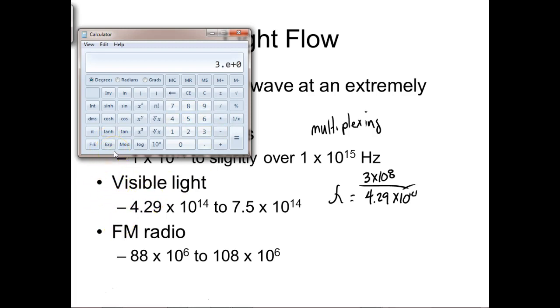Your calculator has an EX or EXP or something like that. That stands for times 10, right? And then I'd say to the 8, right? You okay so far? Then I'm going to divide that by my actual frequency, 4.29 times 10 to the 14. And then I come up and get that huge number right there, right?